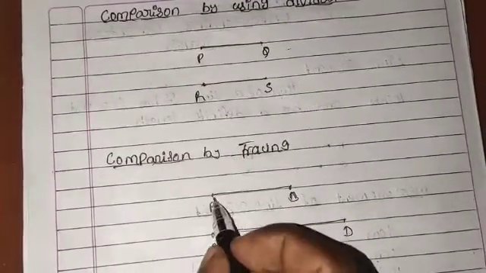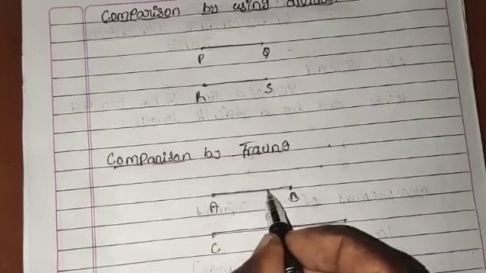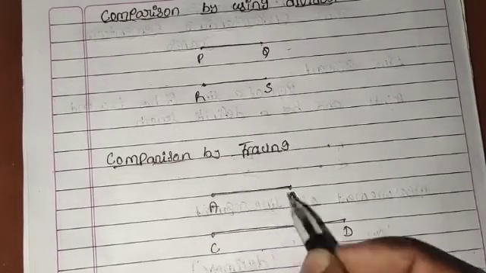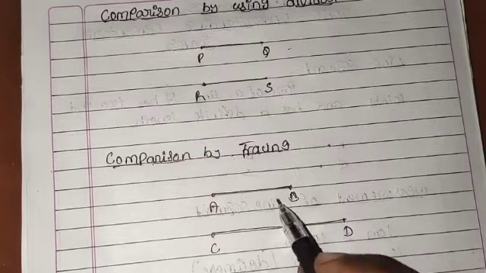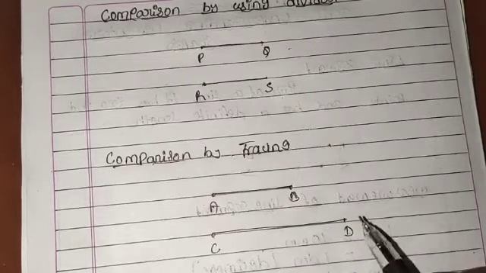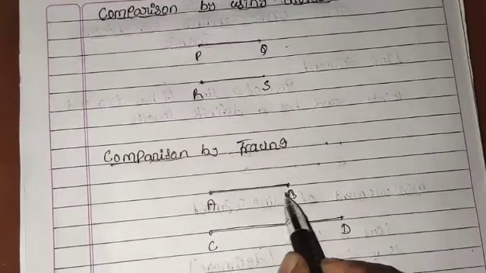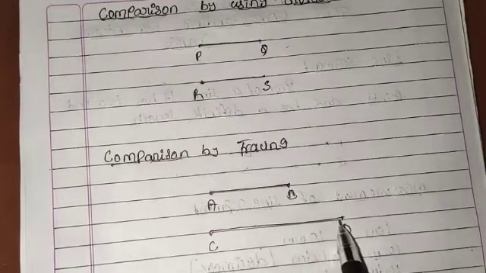Let's see. Here this is the line segment AB and this is the line segment CD. Now we have to compare these two line segments by tracing. We place the line segment AB along CD.